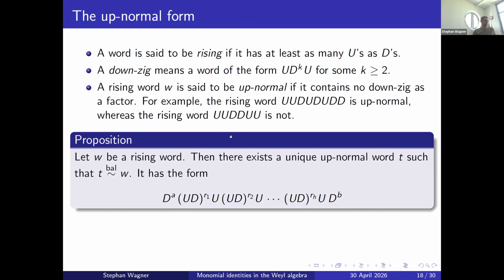The canonical representative of each equivalence class, as it turns out, is exactly this abnormal word. So if I take any rising word, then there exists a unique abnormal word that is equivalent in the sense of balanced commutations. And it has this general shape: a number of d's, then some ud a number of times, again a u, ud a number of times, again a u, and so forth.